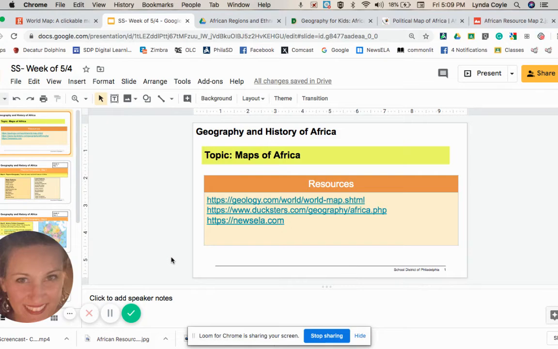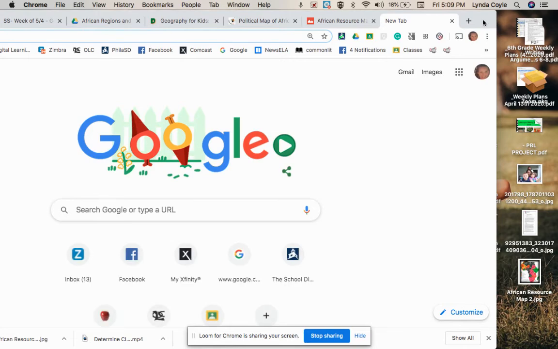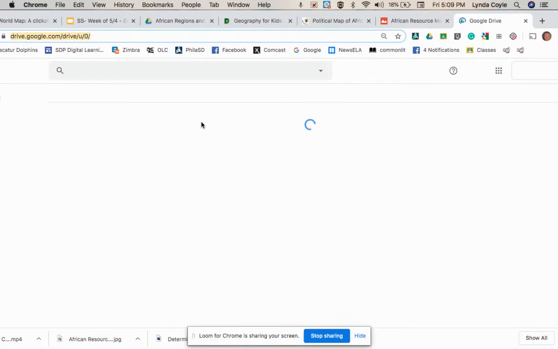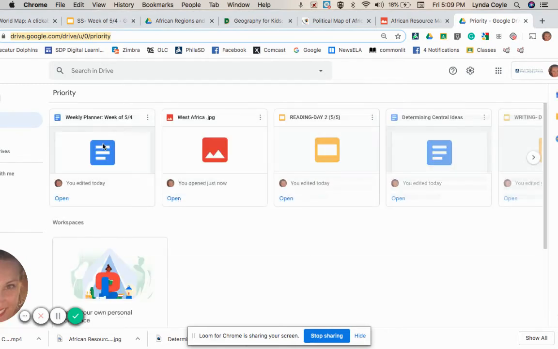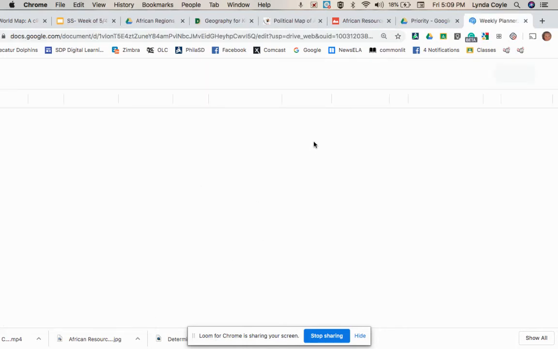Hopefully we'll be creating a map as one of your assignments. So in order to put everything on the map and be able to move on, you will have 2 Newsela stories. In your assignments, I'm going to go to your weekly planner. It is not complete, but in the weekly planner that we are going to be putting up for you when it comes up, you will notice that we are still creating it.